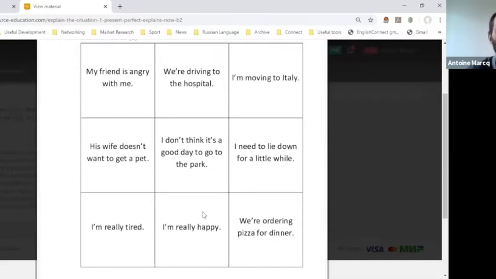Oh, Antoine, your wife doesn't want to get a pet. Exactly. You see the whole point of this activity? Explain the situation. Instead of directly saying, I'm moving to Italy, you're going to imply it. And present perfect is very useful in this case. You see, we've gone from making assumptions, reading present perfect, to using present perfect.